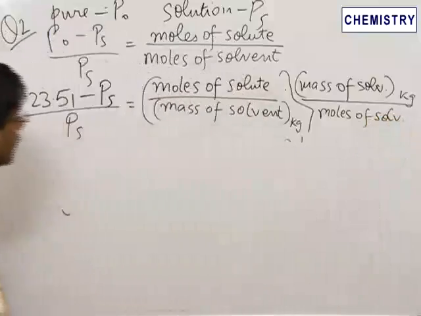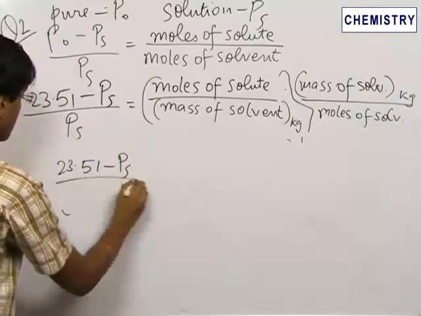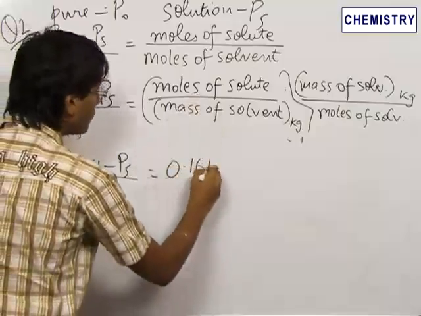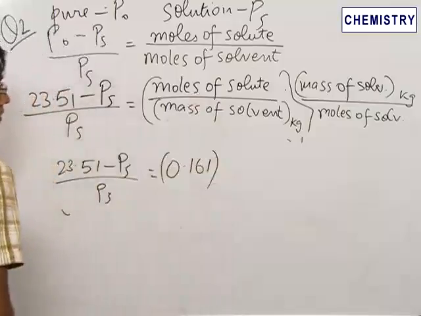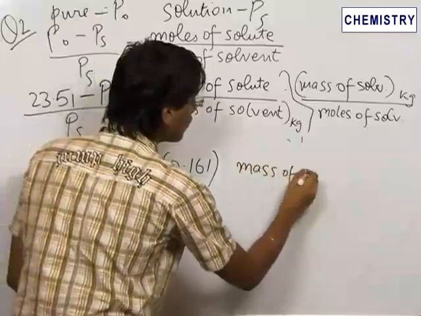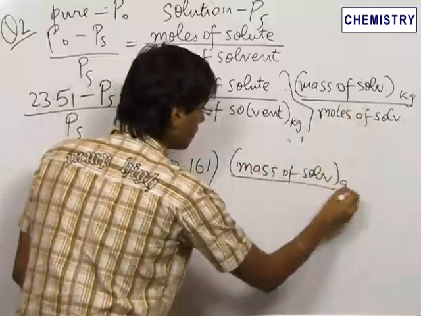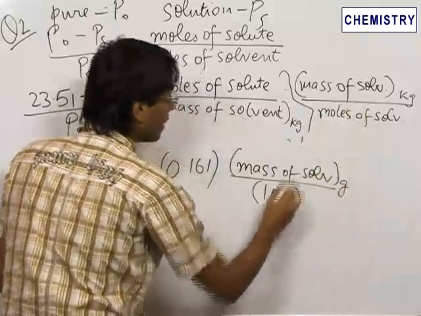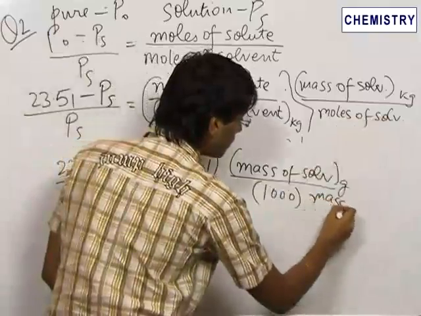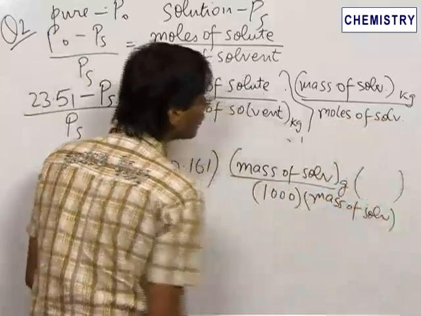Our molality is 0.161, so this becomes (23.51 minus PS) upon PS equals molality, which was 0.161, times mass of solvent in grams divided by 1000, and this moles of solvent can be written as mass of solvent in grams upon the molecular weight of the solvent.